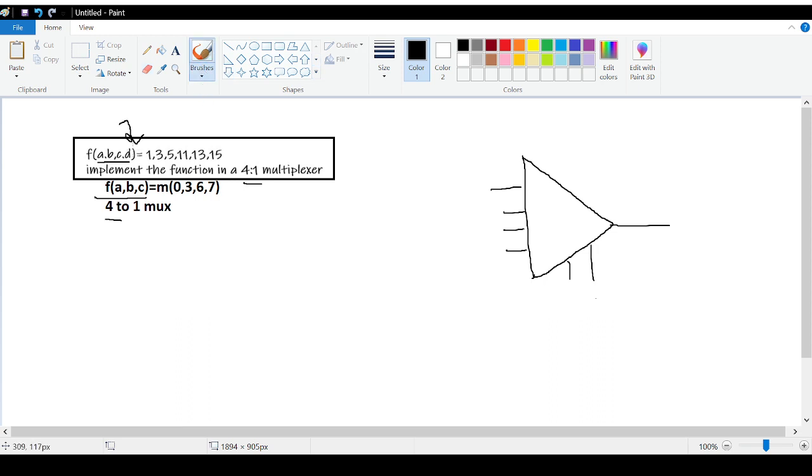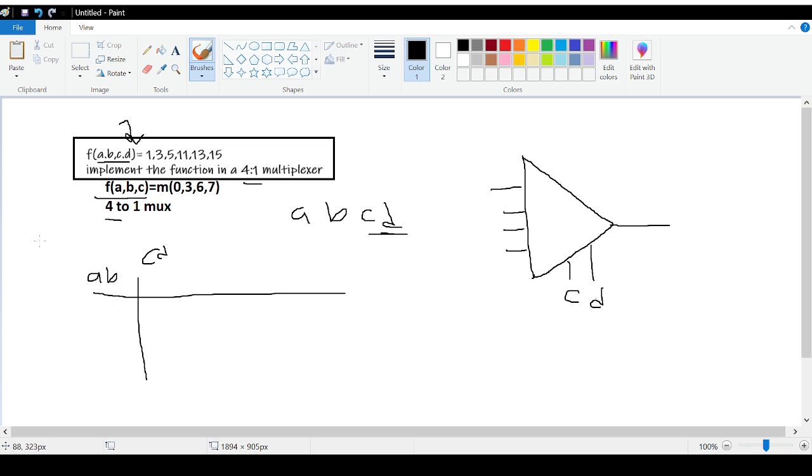So again I have a 4-bit input, that is A, B, C, D. In such a case, we give CD as selector bits, and we need to draw a chart to manipulate A, B. So we need to draw a chart to manipulate A, B, and CD will be given as selector bits.